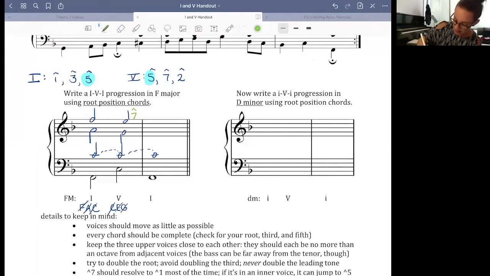So because of that, we know beyond a shadow of a doubt that that soprano has to go to F. And that leaves us with only one option for the alto, and that is for the alto to go back to A.